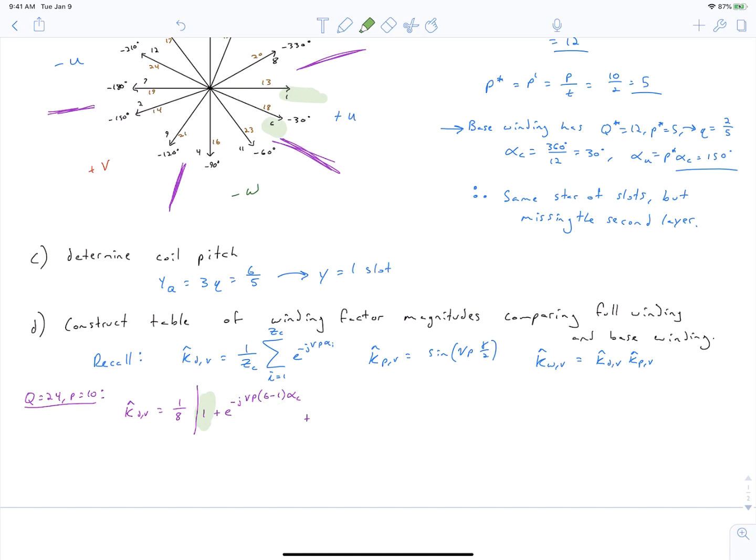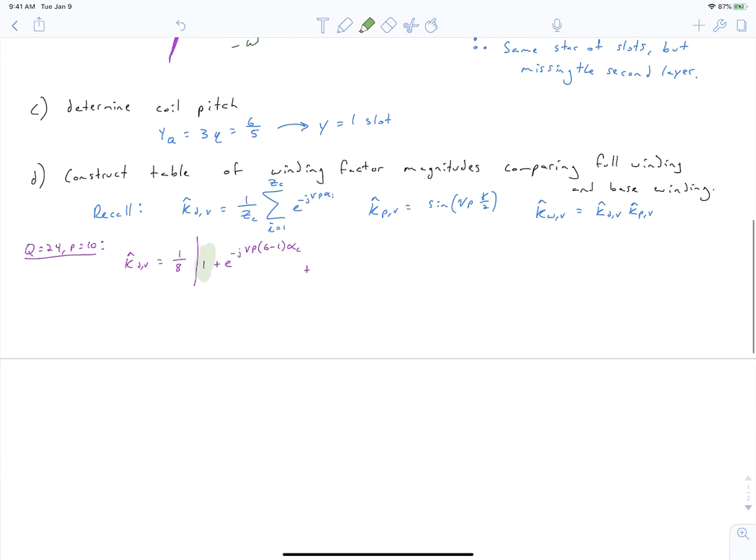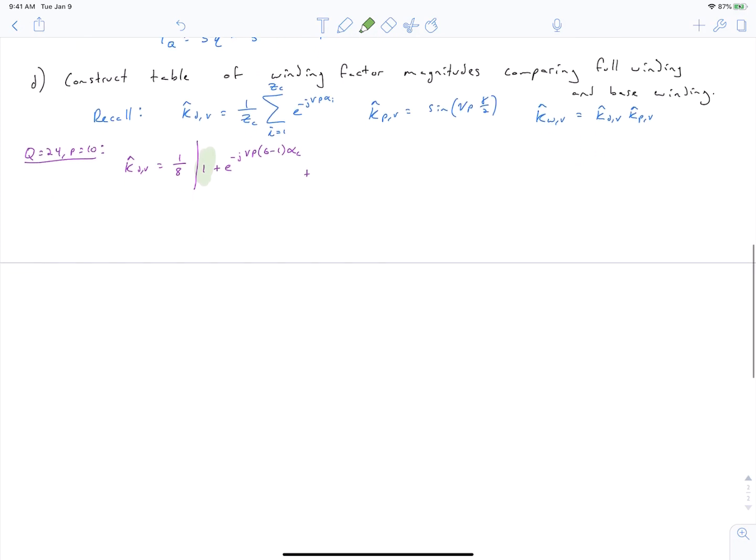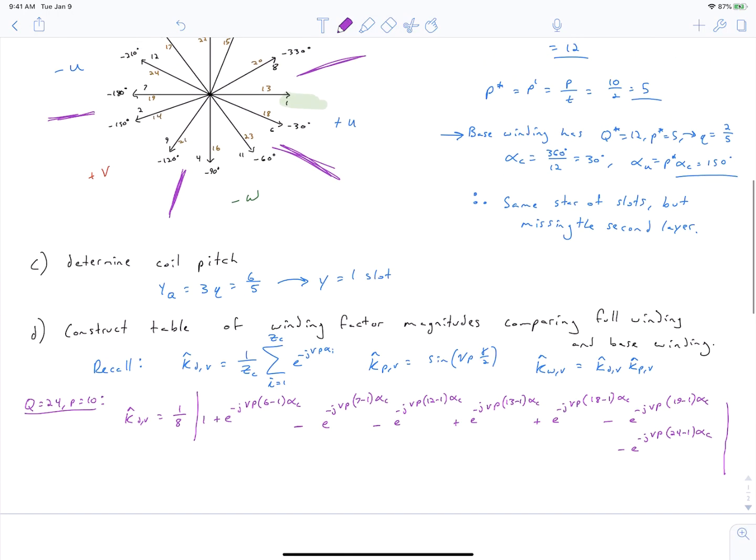So I'm writing it this way to provide more physical meaning for the long expression I'm about to write out. And so when you look at this expression, you can see that we've got slot 6, slot 7, 12, 13, 18, 19, 24.